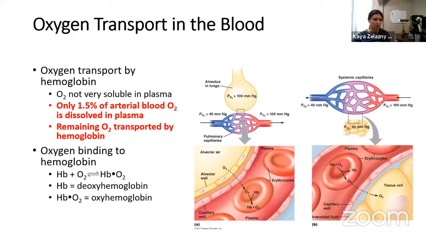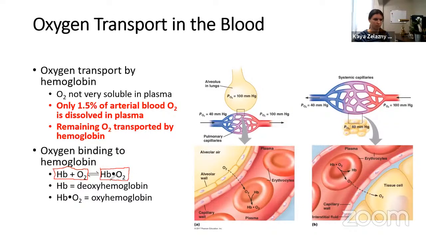Okay. So the way we're going to express this when we're writing equations, which we will see multiple times today, is we're saying Hb, that's our hemoglobin, plus O2. This is when they are separate from each other; bound together, they create oxyhemoglobin. That's what this Hb·O2 is.